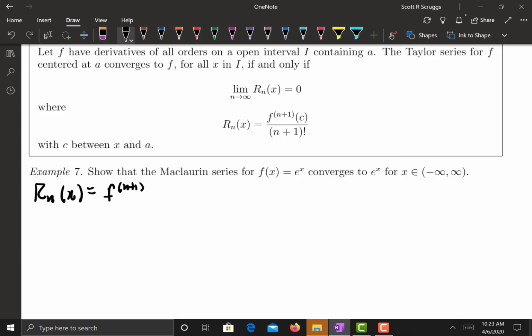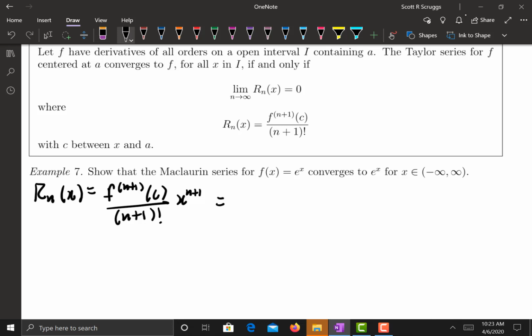It's the n plus 1 derivative evaluated at c, over n plus 1 factorial, times x raised to the n plus 1. But remember that my function f is e to the x. The derivative of e to the x is just itself.